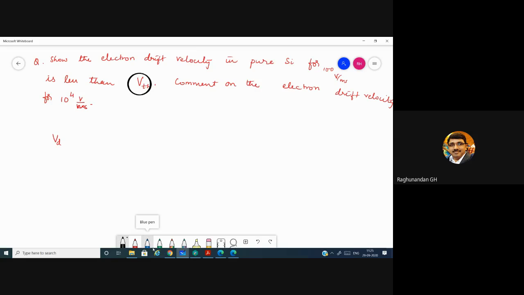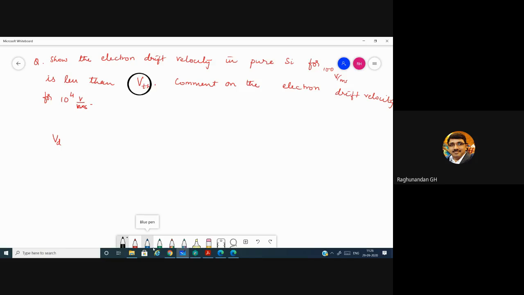By finding out these two for the given silicon material, using the values they have given, we need to show that Vth is always greater than Vd. That is the intention here.